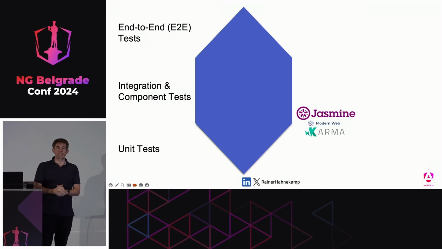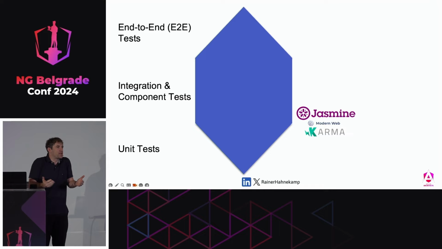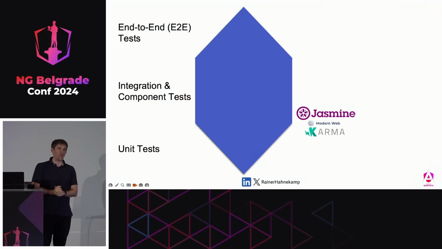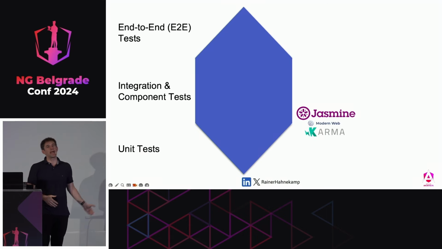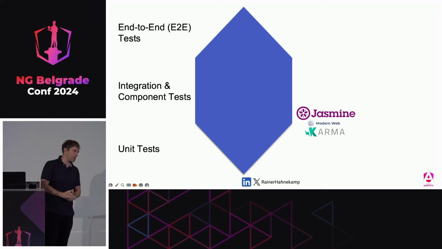If somebody says document.createElement, then Jasmine doesn't provide this command. So there needs to be something where these web APIs come from, and that's the task of Karma, to put it short. Karma takes our Jasmine tests and puts them into the browser, and there the complete web API is available.